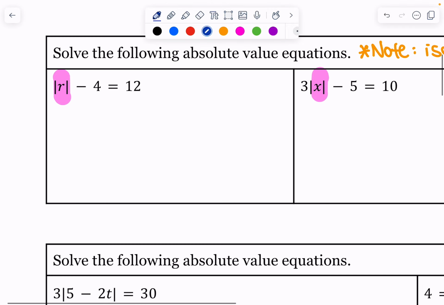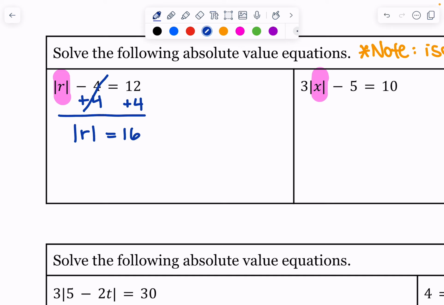If I have the absolute value of r minus 4 equals 12, I'm going to add 4 to both sides. And I'm going to be left with the absolute value of r is equal to 16. And what this is asking is which values of r are 16 steps from 0, or which values of r will give me positive 16 if I take the absolute value of them. So for here we have two solutions. We have r equals 16 or r is equal to negative 16.